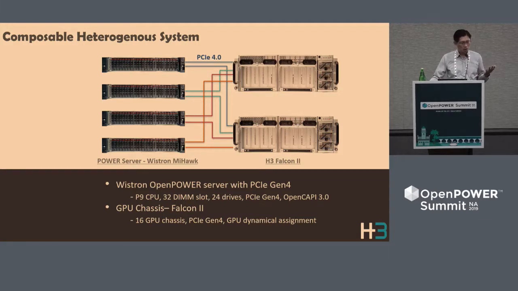So usually in our implementation, we ask for 18 bus numbers, and for each bus number we ask for 32 gigabytes of memory address because of V100. So every host, when it scans, will reserve that kind of resources in every PCIe Gen4 connection. So when we assign a GPU, it looks like someone plugged one GPU into the virtual bus number.